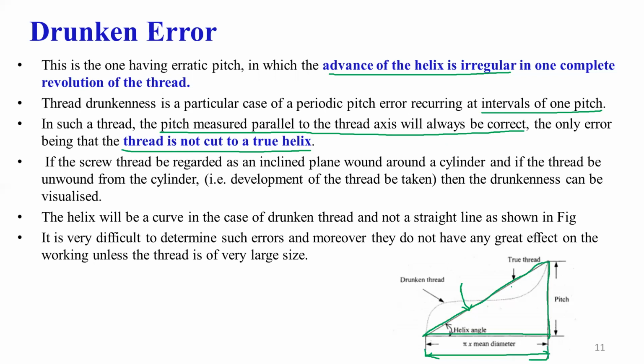If the screw thread is formed accurately, we will get a straight line, or the triangle is formed when we make the development of the screw thread.